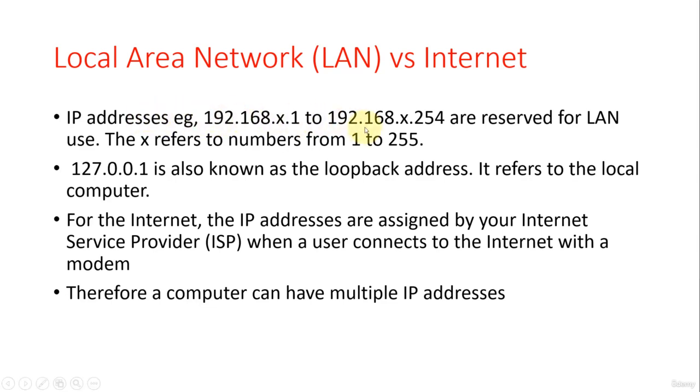This is only one example in the class C range. There can be class A, class B, class C, and so on. There's a special IP address known as 127.0.0.1, also known as the loopback address. It refers to the local machine, the local computer itself.